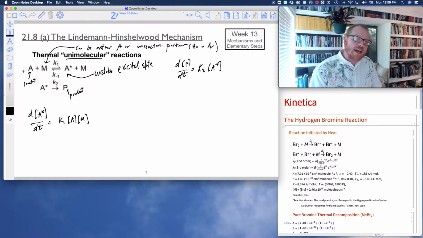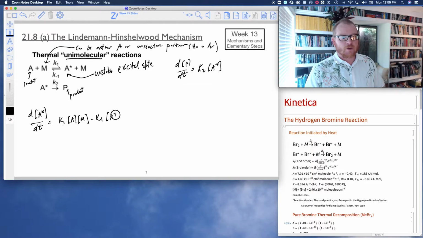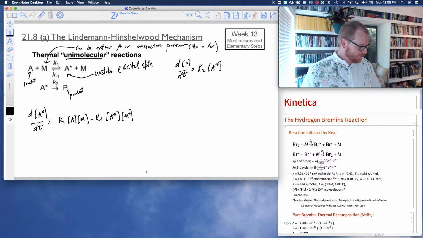Now we have to view this going backwards, so that's a negative rate, negative k minus 1, and we can view A star and M as the reactants in the reverse reaction, so times A star times M. Finally, the excited state appears in a third reaction, so we need a third term.